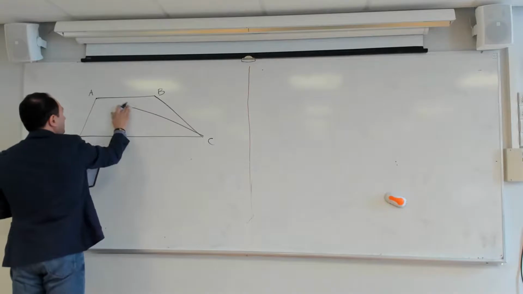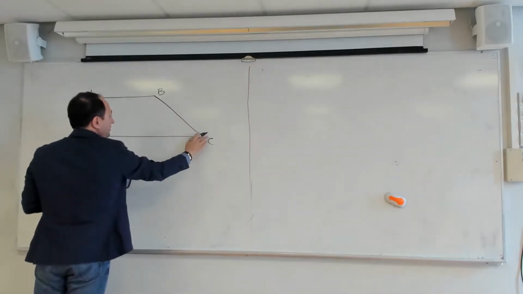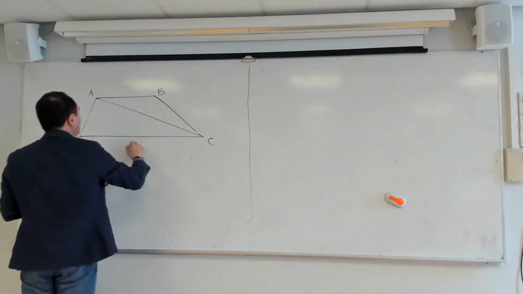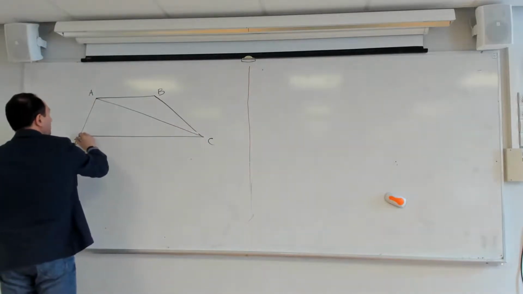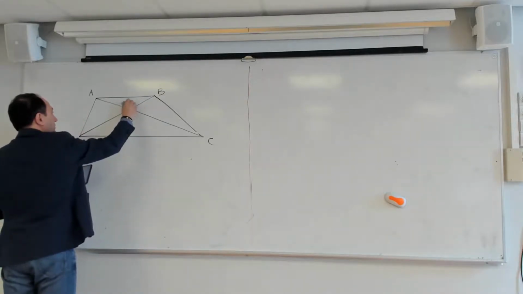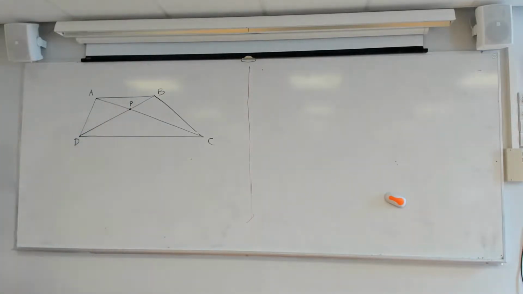Drawing nice pictures is very instructive when you're solving geometry. So this is a diagonal, and you have another diagonal here. And then the intersection point, according to the problem, is called P.